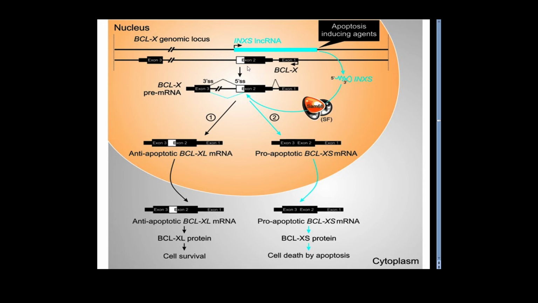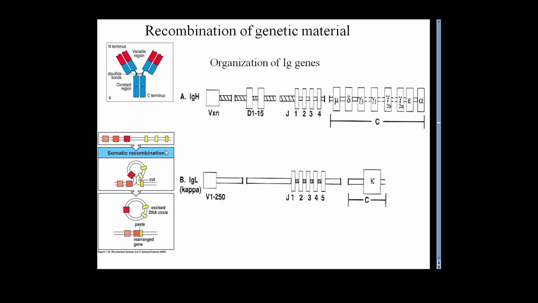The second exon can contain one additional part, and if this additional part is absent, the pro-apoptotic variant of the product is realized: activation of apoptosis, the cell will die. But if the additional part is present in the second exon, the activity will be anti-apoptotic. These variants can lead to alternative activity. You can see it is important for function.